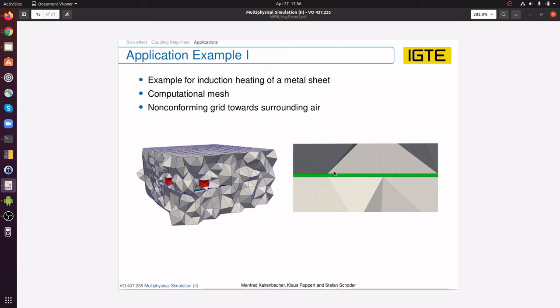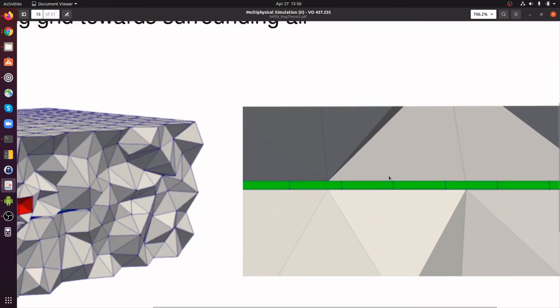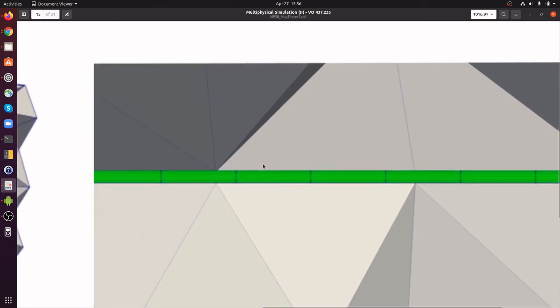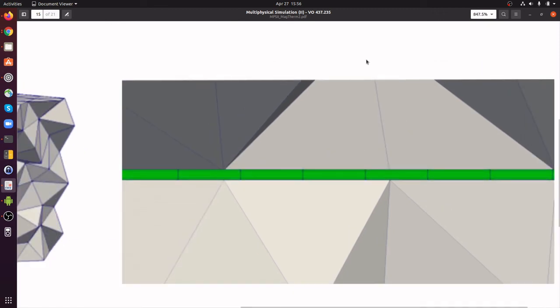Another advantage of these types of interfaces is that you can also introduce size jumps. Let's zoom in again. You see here, the characteristic length of this grayish tetrahedron has the size of, I don't know, 1, 2, maybe hexahedral elements in length direction.